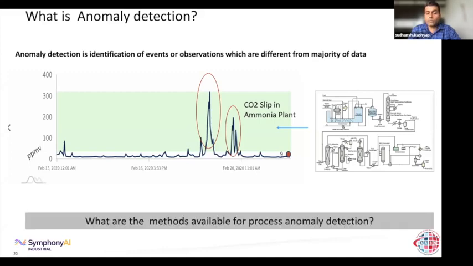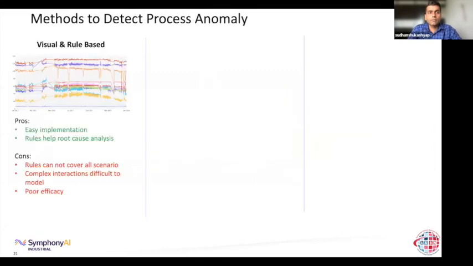So if you look at what are the methods available for doing this kind of process anomaly detection, first is very much visual and rule based. We have seen that in a univariate time series, instantly anybody can look into it and tell where the anomaly is. So similar visual, graphical tools could be looked upon, and then anomalies could be identified.